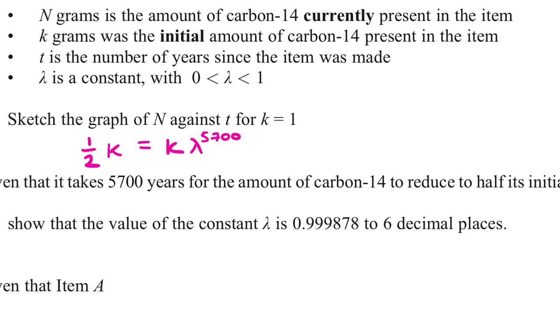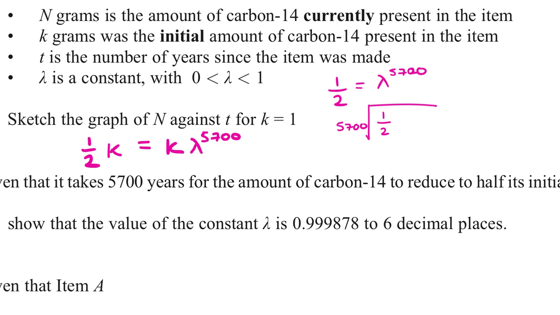Yeah, divide by K. If I divide by K on both sides, I get a half equals lambda to the power of 5,700, isn't it? Then we can do logs, can't we? Or, instead of doing logs, because we don't need the x, we can do a half to the root of 5,700, couldn't we?